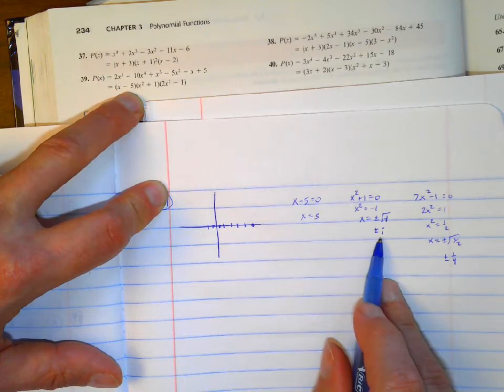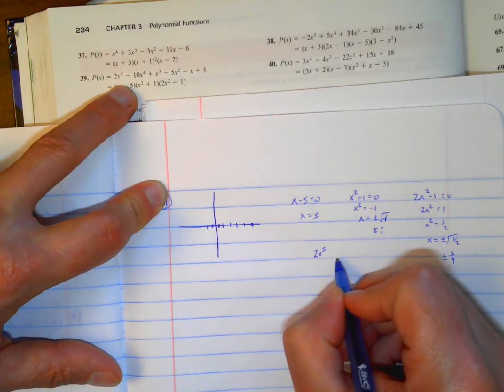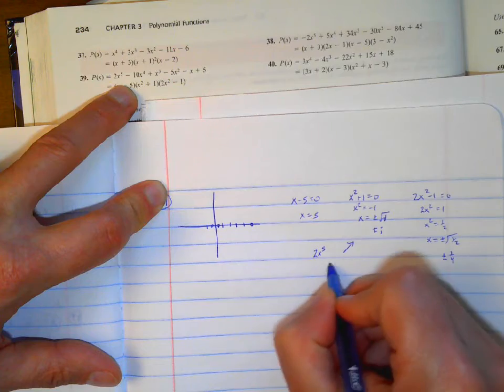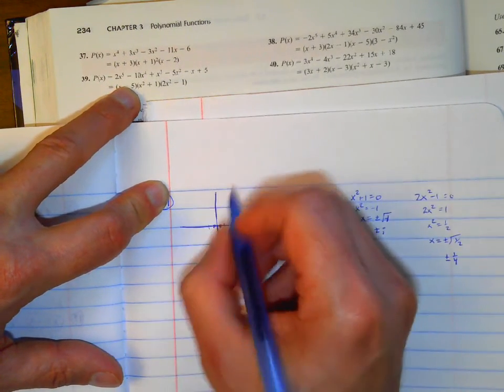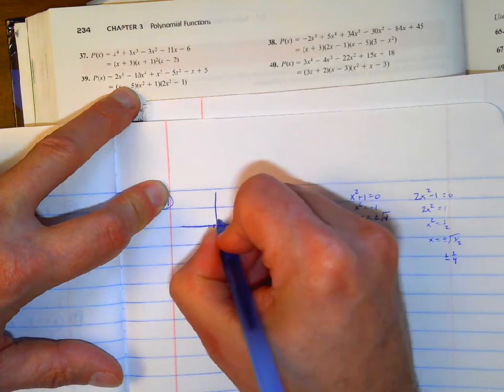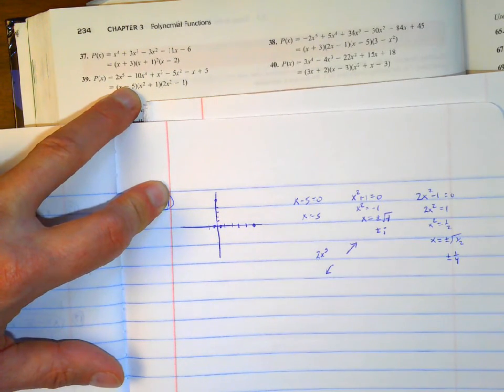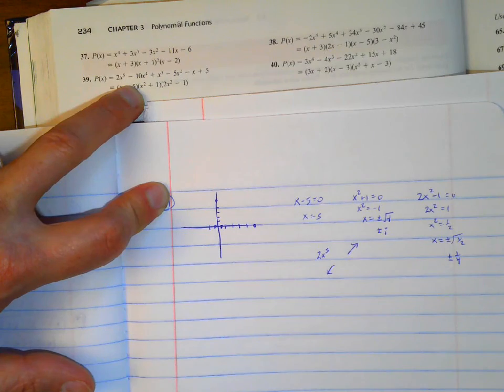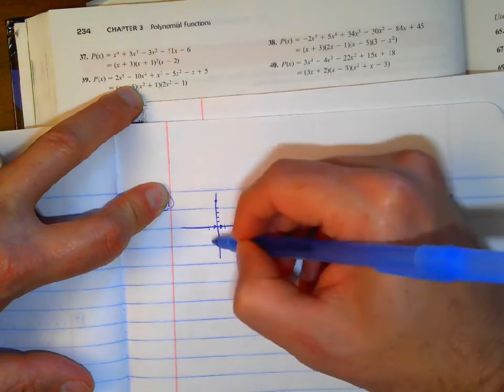Okay, we'll talk about this in a little bit. So it's 2x to the 5th, therefore it's odd. The end behavior is going to look like this, and it's going to have a y-intercept at 5. So the graph is going to go something like this, right, coming up from the bottom.